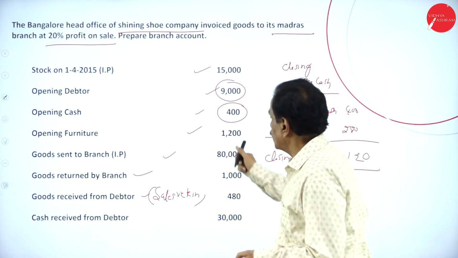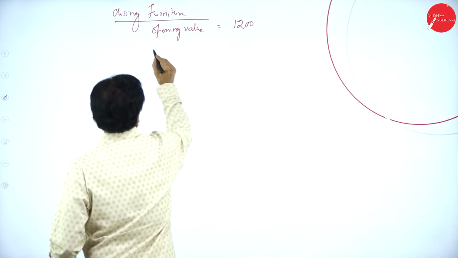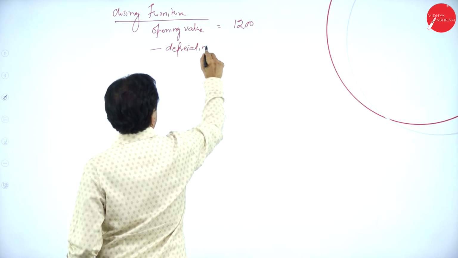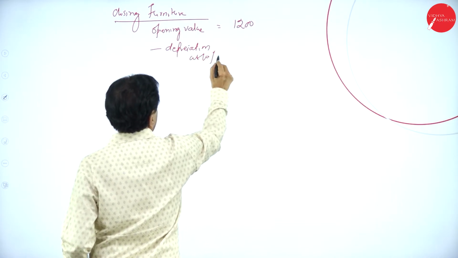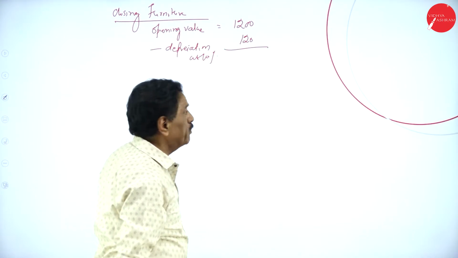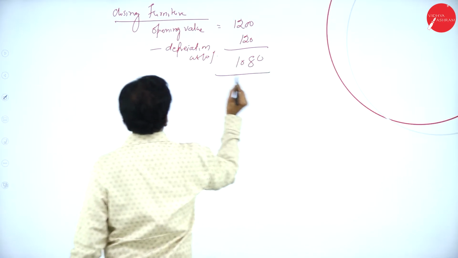Opening value of furniture 1,200, minus depreciation at 10%. This is 120. 1,200 minus 120. This is 1,080. Closing.